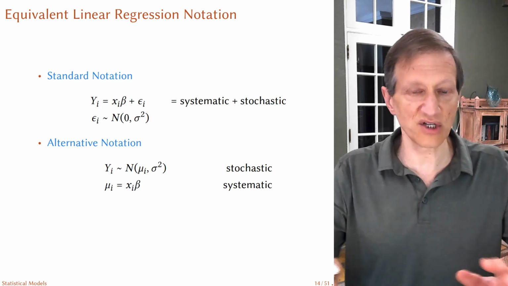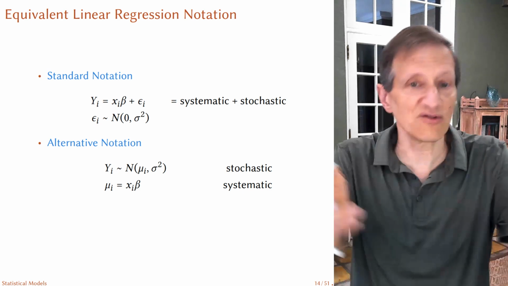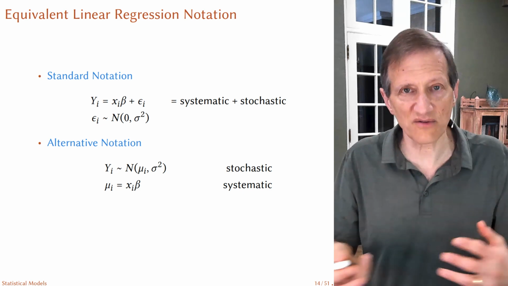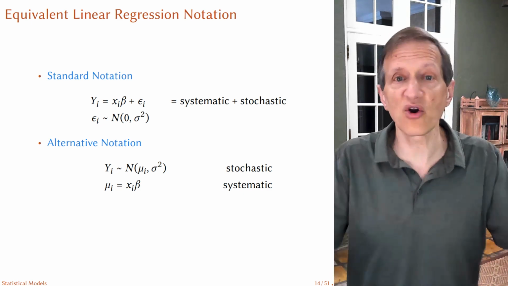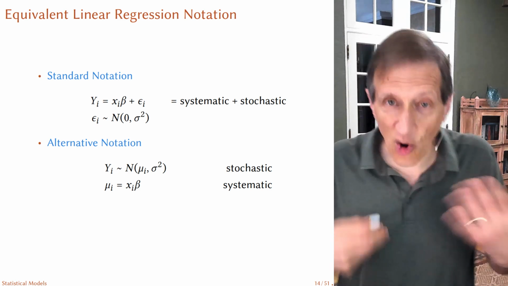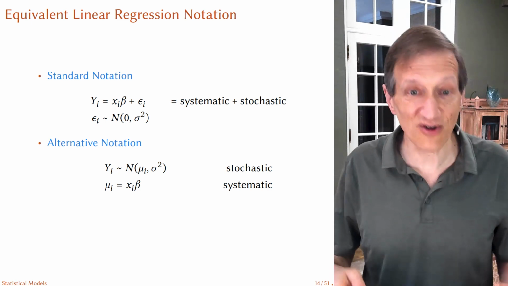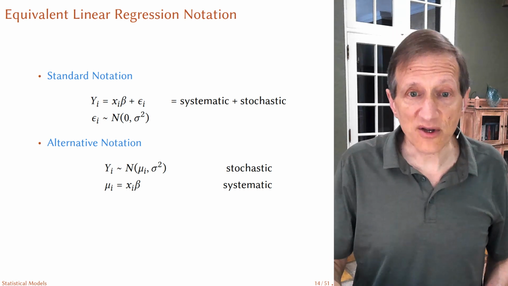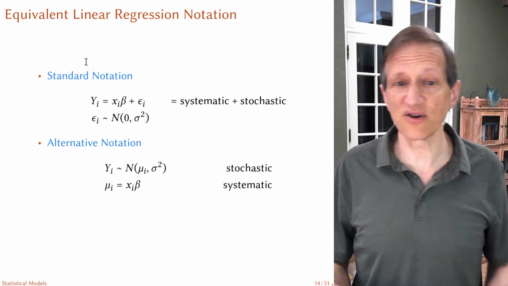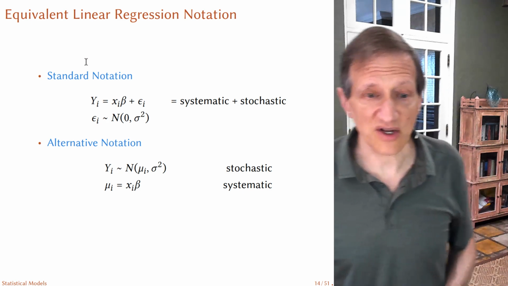At the moment, since we haven't generalized this, these are exactly the same. I mean, the representations are different, and you may prefer one versus the other. I'm going to hope that you're going to prefer the second in a minute because it turns out to be much easier to generalize the alternative notation than the standard notation. Okay, so we're going to focus on that.